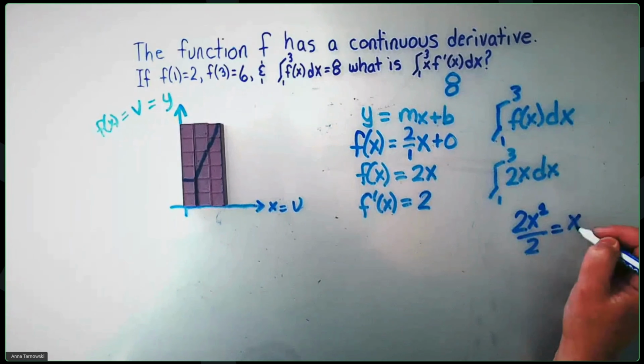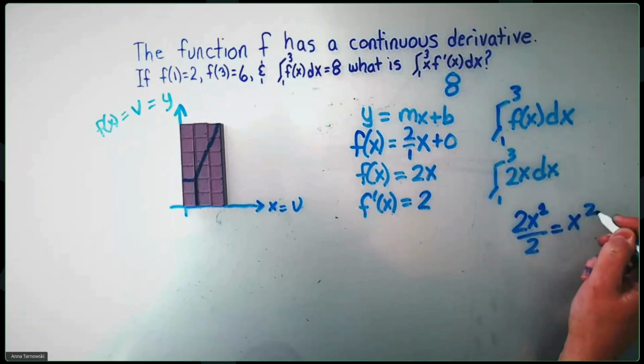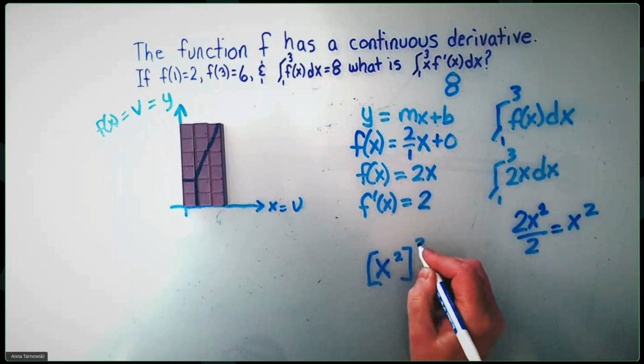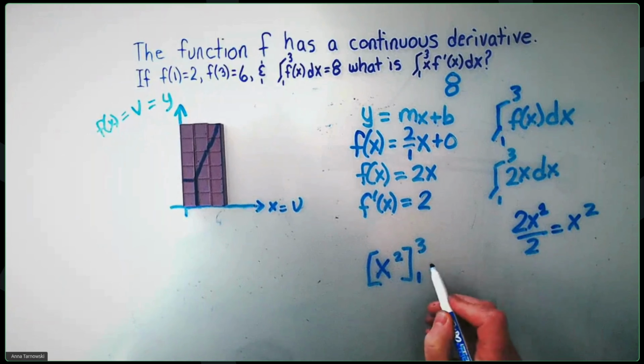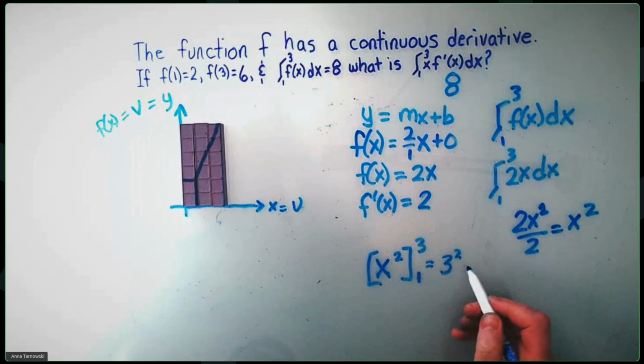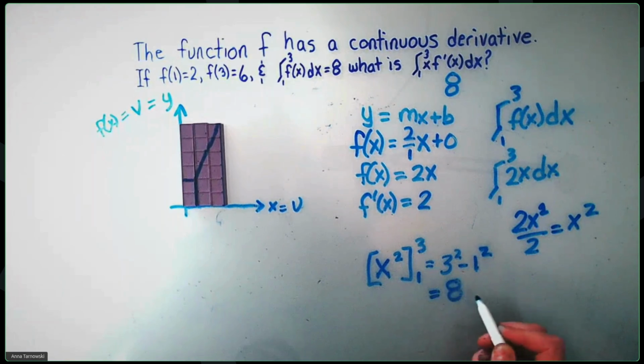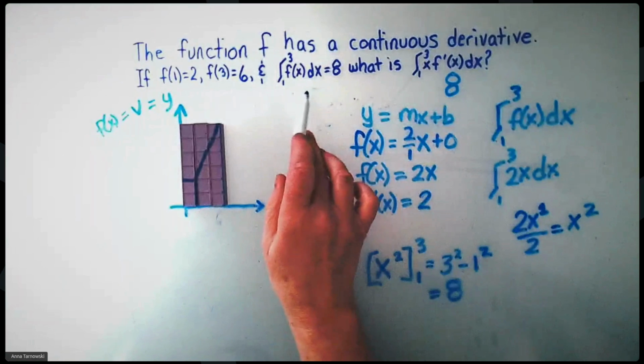That just ends up being x squared. Well, if you look at x squared on 3 and 1, you end up with 3 squared minus 1 squared, which is just equal to 8, which is what we have here.